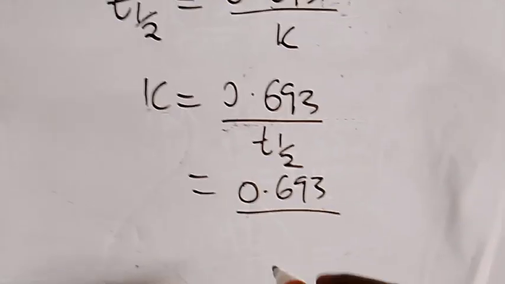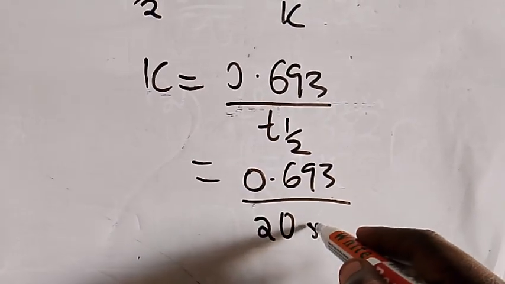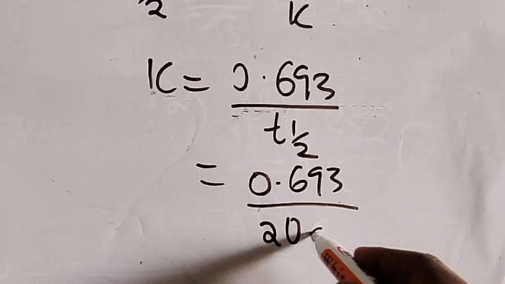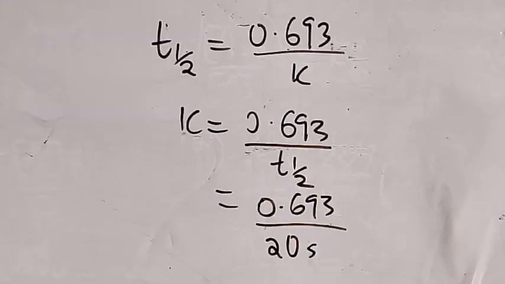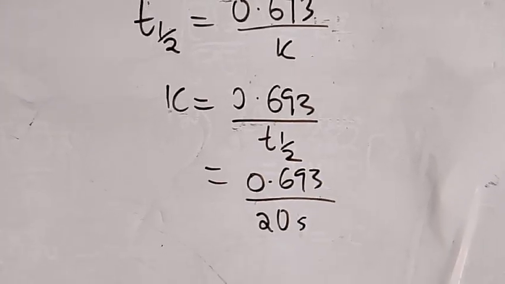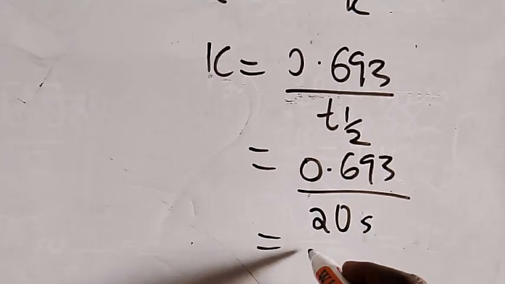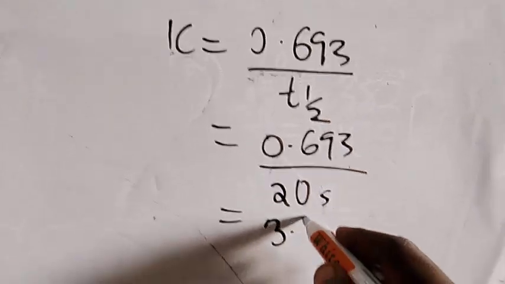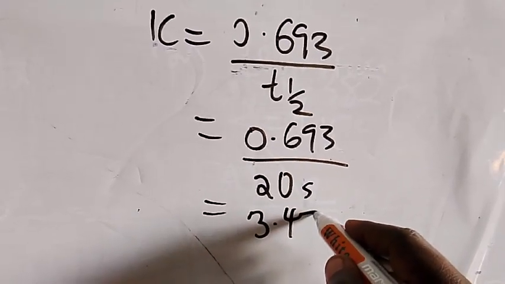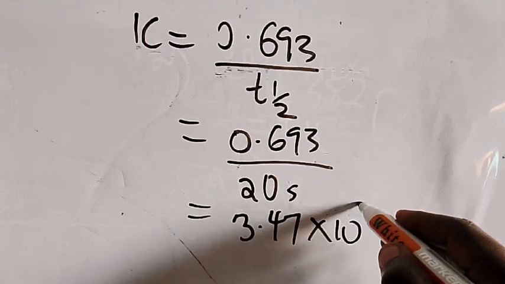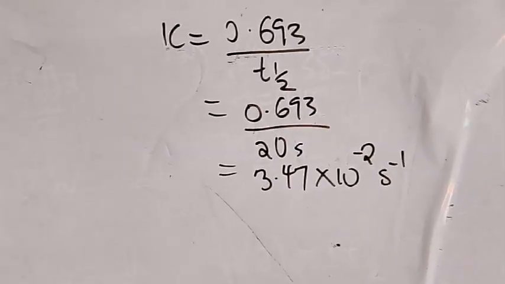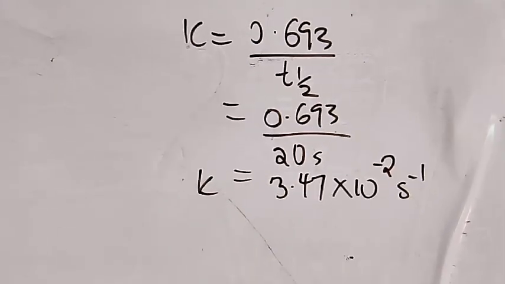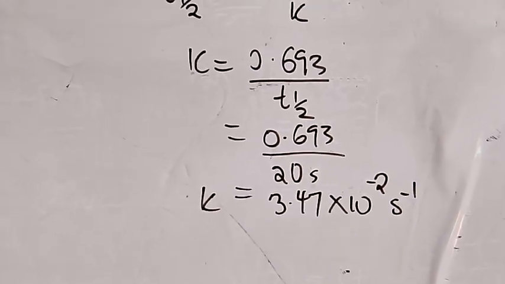The half-life of this reaction is 20 seconds, so when you divide, you get K is equal to 3.47 times 10 to the power negative 2 per second. That is the value of K.